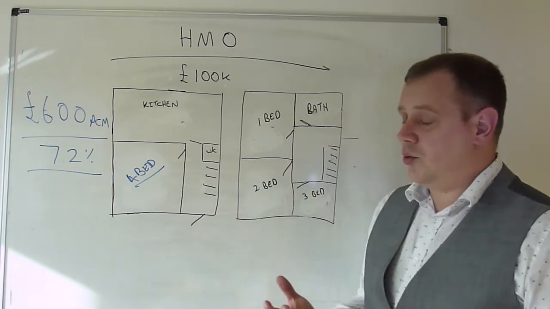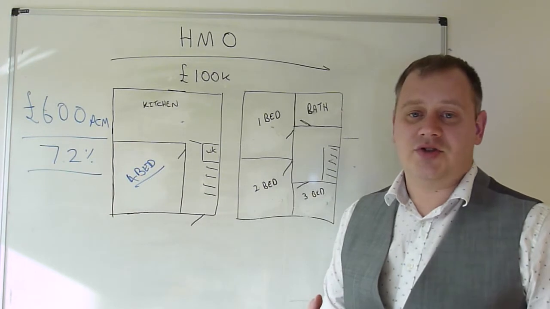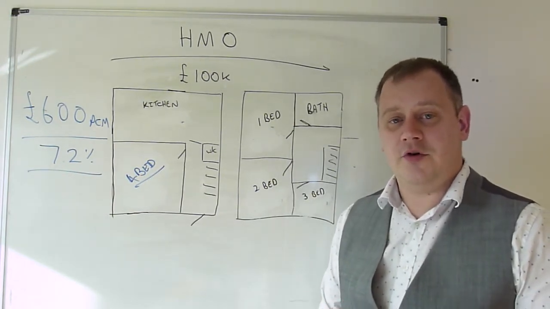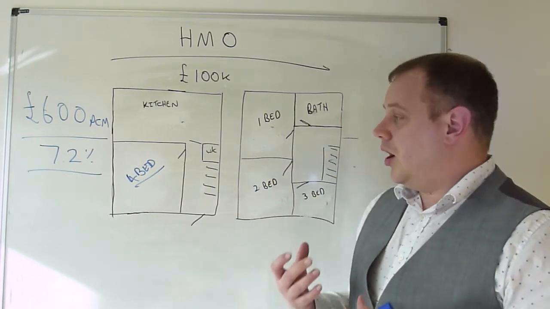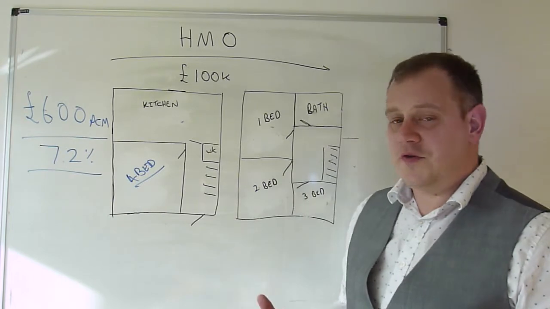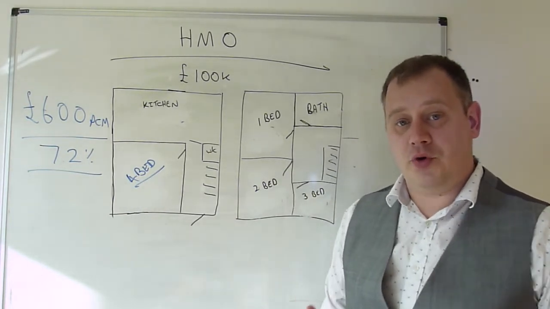So what we're looking to do with a HMO, usually the landlord pays the council tax and you pay the utility bills, so it's just one simple payment for your tenants. Now, we could charge about £100 a week just to keep the math simple. So on a 4-week month, we're looking at about £400 per month per room.